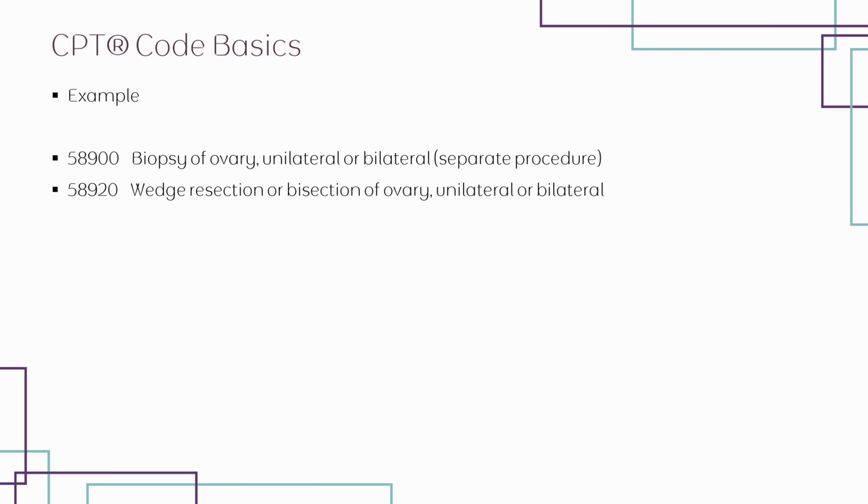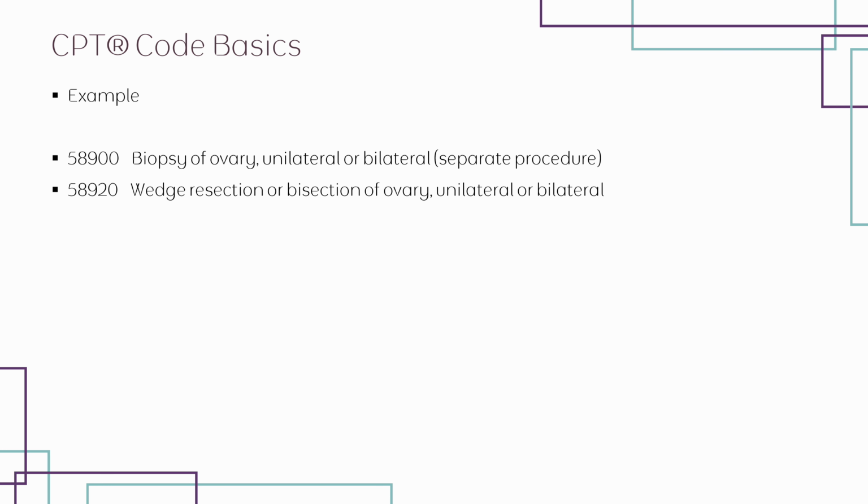When you see this separate procedure classification at the end of a code description, it serves as a reminder to coders that this procedure is typically considered a component of a larger, more comprehensive procedure. As a general rule, a separate procedure should only be reported individually if it is performed alone, or if it is performed independently of other related services that are provided during the same encounter.